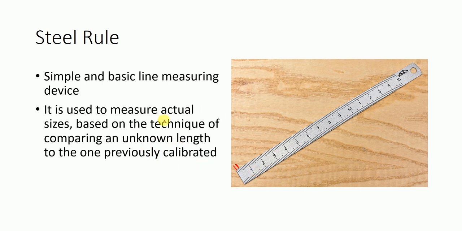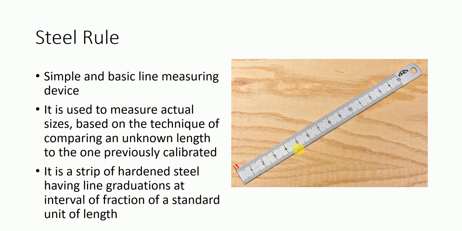Simply, we are comparing the dimensions of the object with the dimensions on the strip, and the graduated scale over this strip is calibrated. So we are comparing the dimensions of the object with these dimensions which are graduated on the surface of the steel rule.